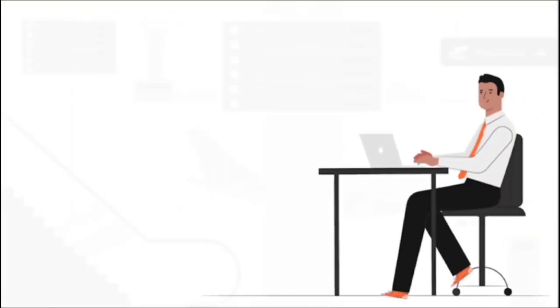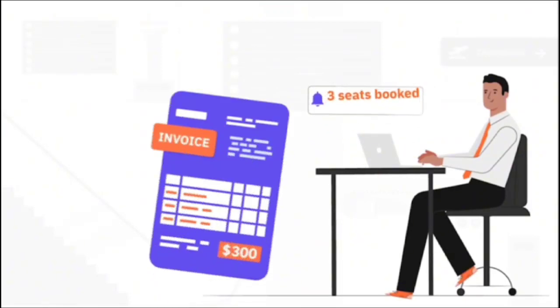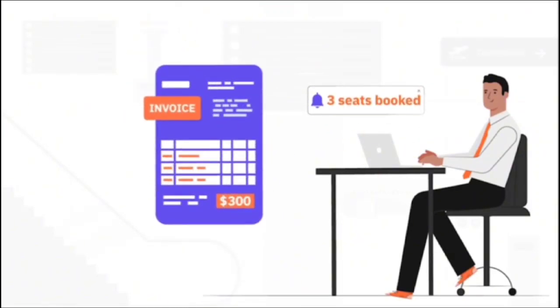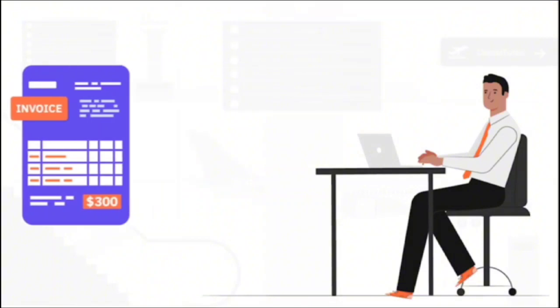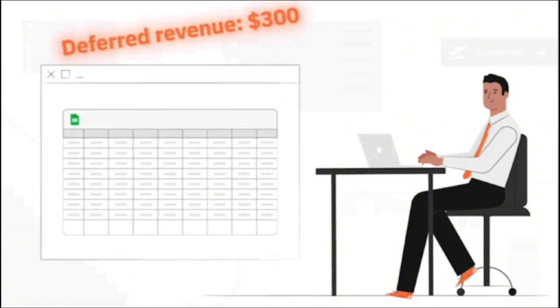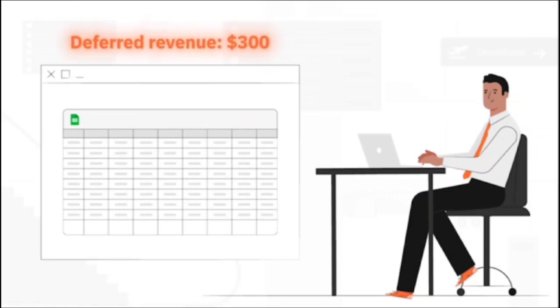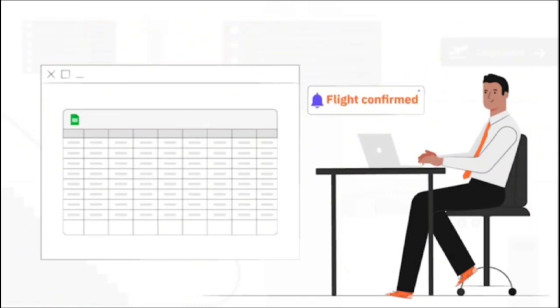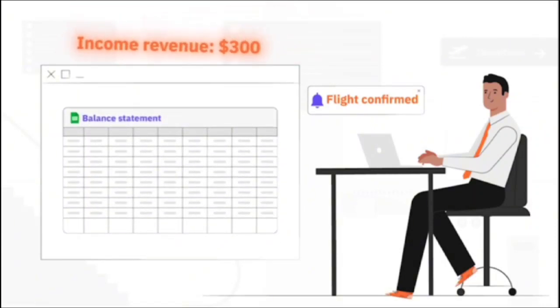So even though the customer has placed an order and sent their money, it doesn't mean you'll get to keep it. Booking a flight is a great example of how deferred revenue works. Let's say you work for an online provider. When a customer books a flight, their money goes straight to your bank account. But because their flight isn't until next month, you record the money as deferred revenue. When they take their flight next month, you can then move the funds from your balance sheet to your income statement. This is where it becomes actual revenue.